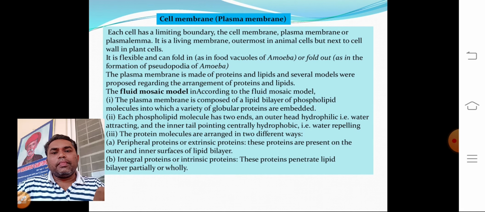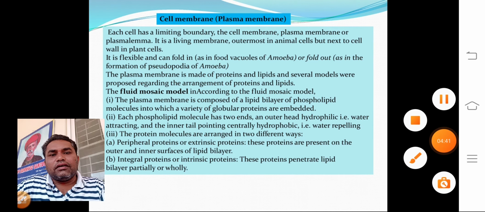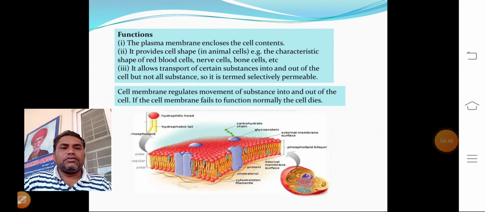Some of the intrinsic proteins are embedded in the bilipid layer completely or partially. So now let us go to the functions of the cell membrane or plasma membrane.